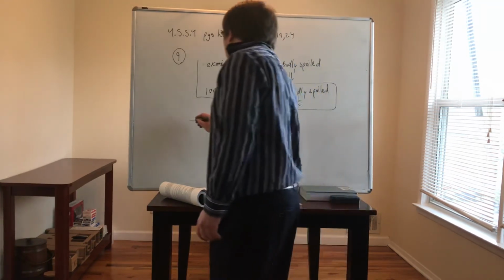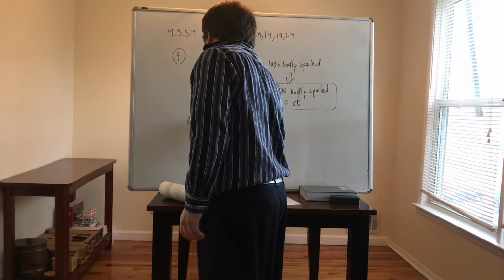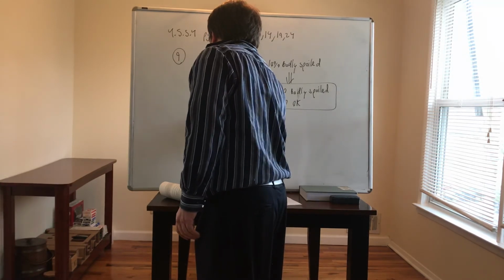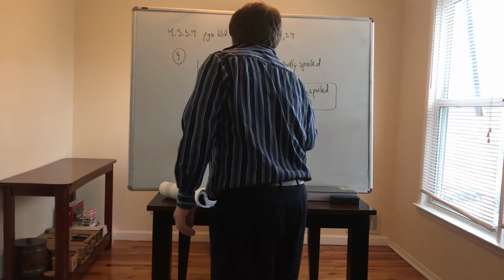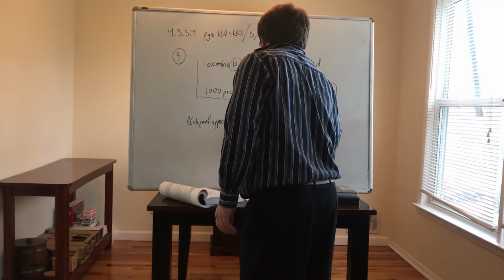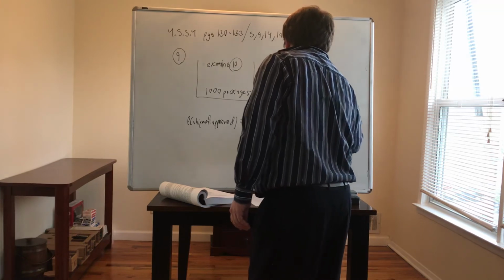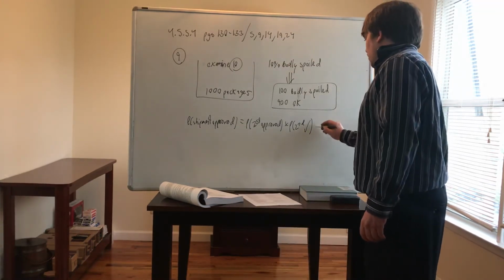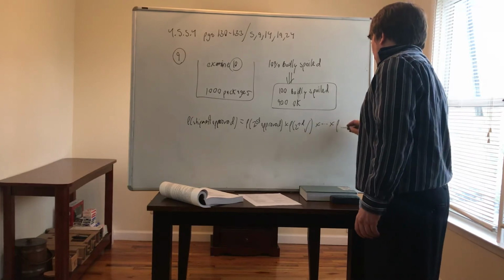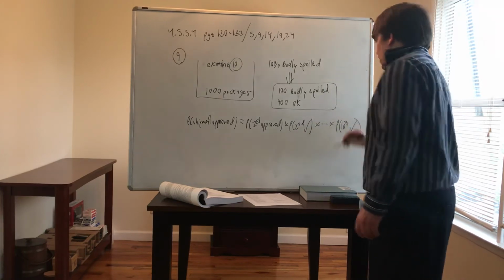The probability the shipment is approved is the probability the first is approved, times the probability the second is approved, times and so on, times the probability the 10th is approved.